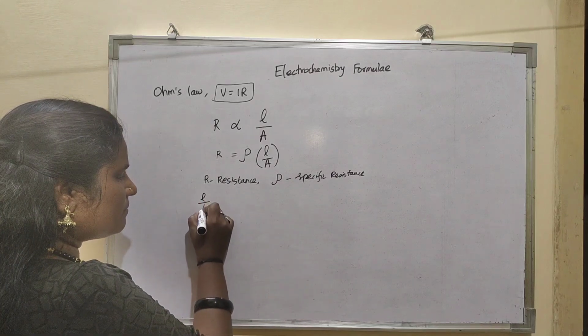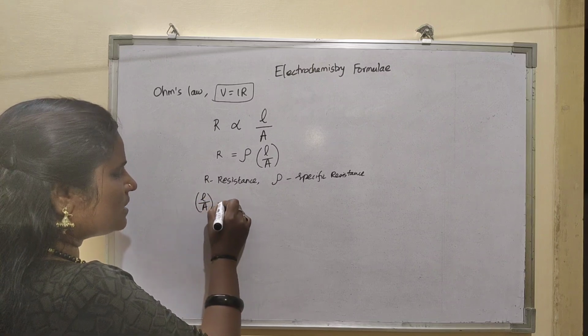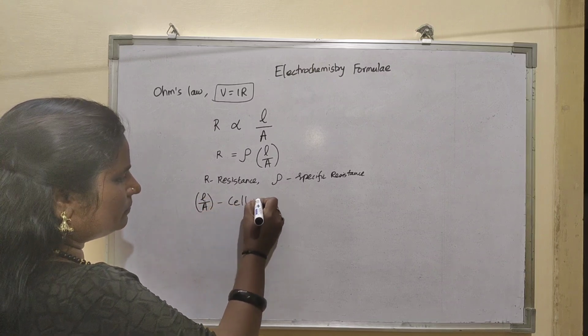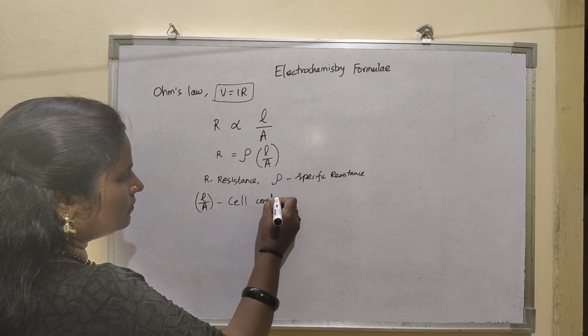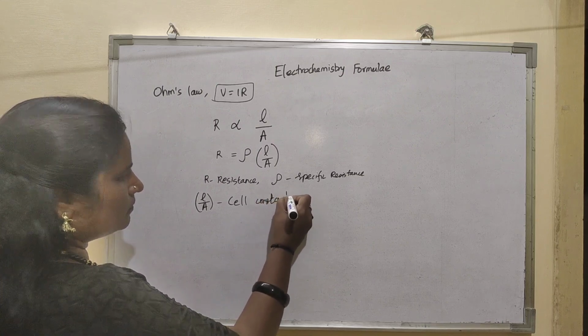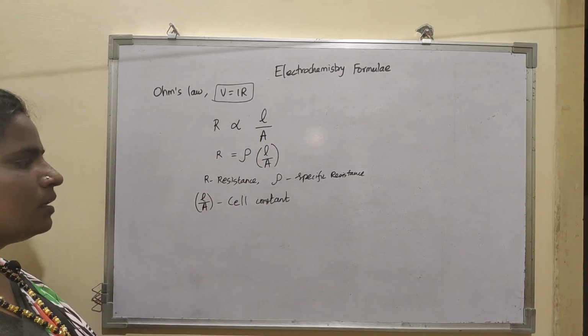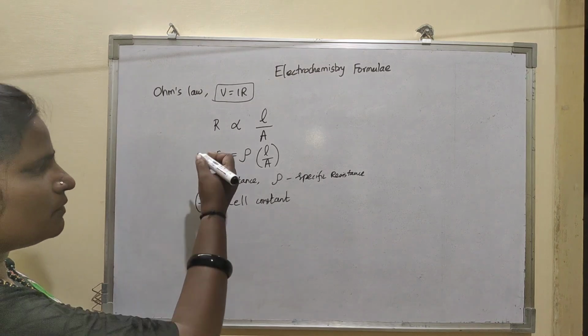Together this L by A is known as the cell constant. So this is the first formula from Ohm's law.